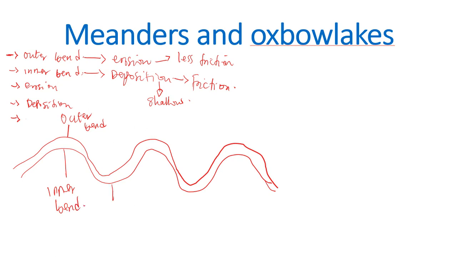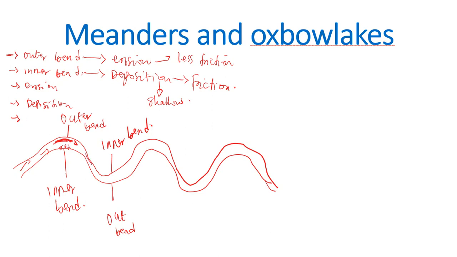Obviously here will now be the outer bend, and here will be the inner bend. As the water moves, there tends to be erosion, so it will move towards this part here. There will be erosion at the outer bend, so materials will tend to be deposited at the inner bend.